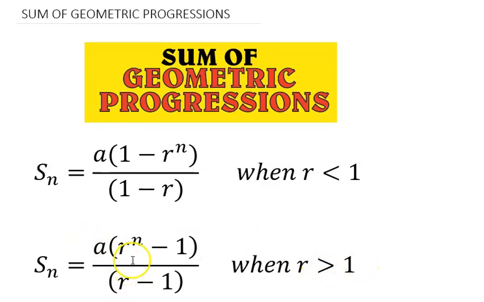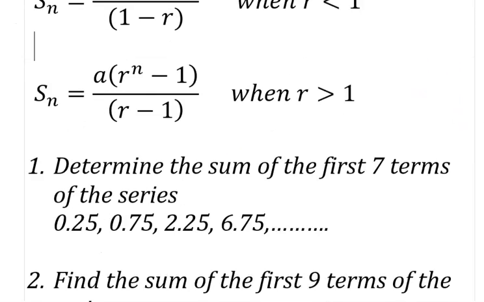The difference is just that if it is less than 1, your common ratio will be on this side, but if it is greater than 1, your common ratio will be on this side. So just take note. First thing first, look out for your common ratio and check if it's less than 1 or greater than 1. That will make you know which of these two you will use if you are solving sum of geometric progression. So let's dive straight into the questions.